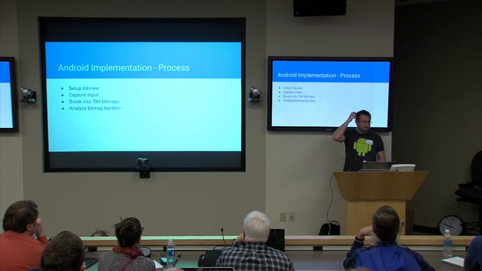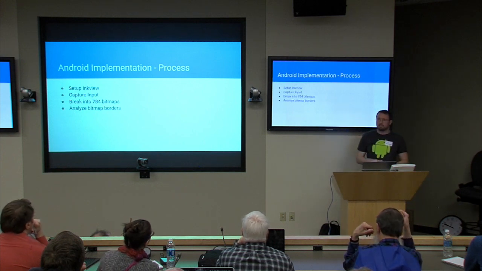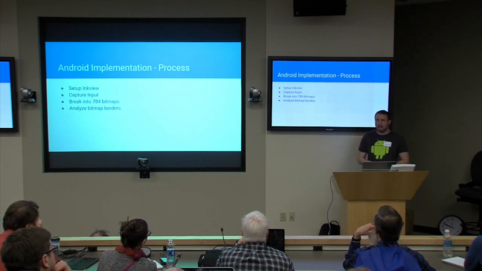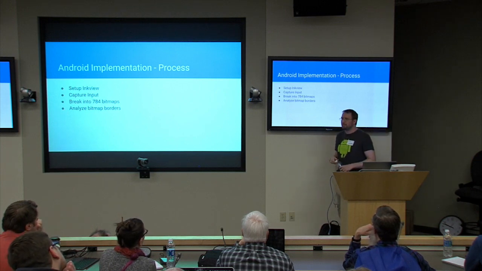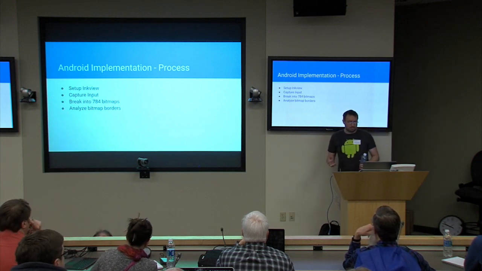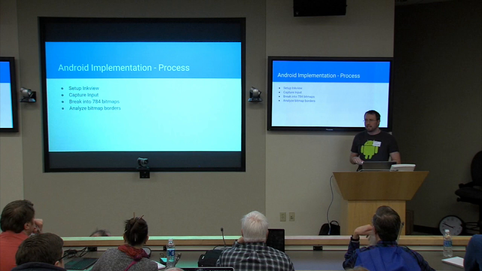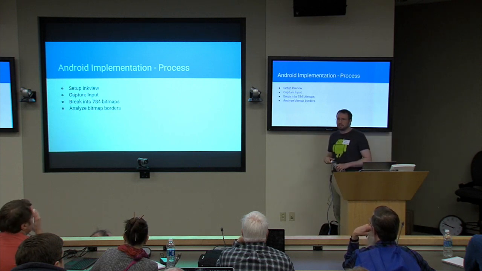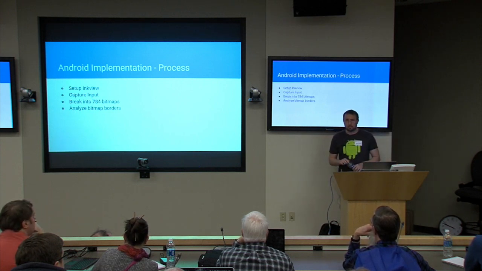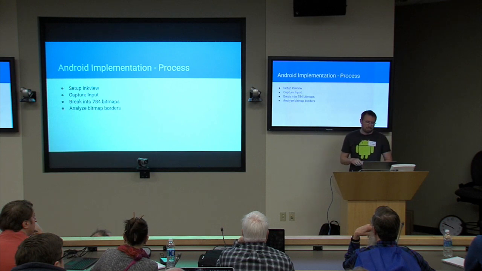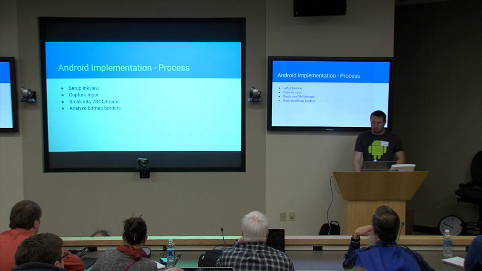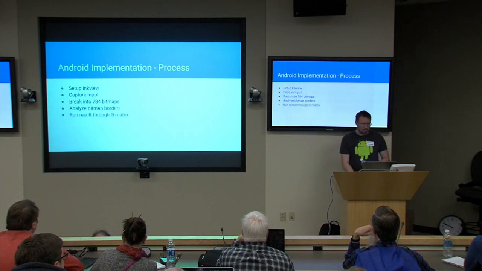So you could analyze every single mini bitmap, but then you have 784 times your pixel density, the amount of pixels that you're analyzing every time, and if you do it straight up, it takes about 2 seconds on a Google Pixel to run, and that's very, very slow. So we make a couple assumptions by just doing the borders. But there's other ways you can do it if you want, and we'll talk about a few of those.